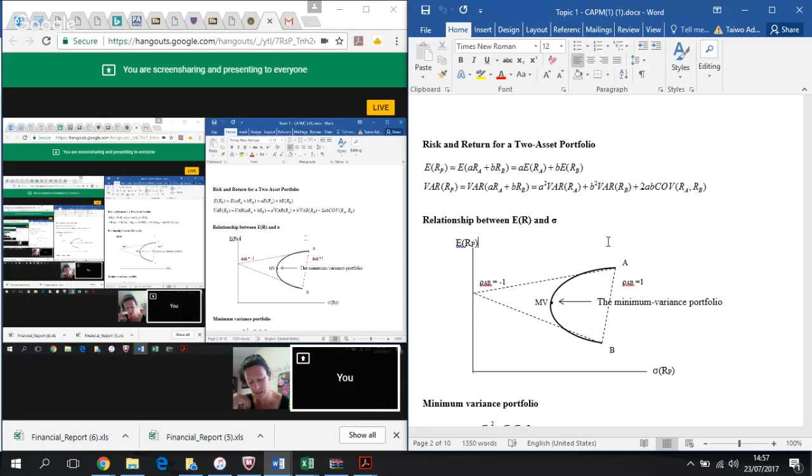For example, A has higher risk but B doesn't have enough return. If you compare A and B, I would choose A because A is more efficient than B. We're having the same risk, but I'm having more returns. Right. But it's better to have MV than A.